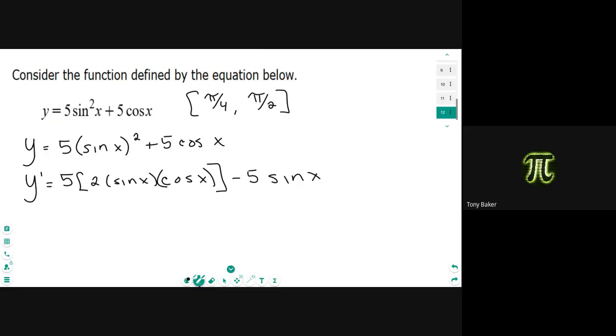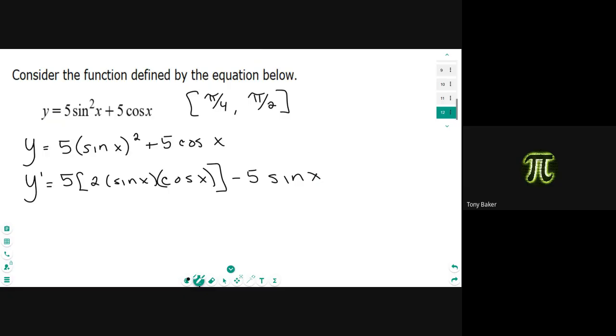All right, how many people did not catch that sine squared x was a chain rule? Sine squared x is the same as sine x squared, which means we have to do the chain rule for it.